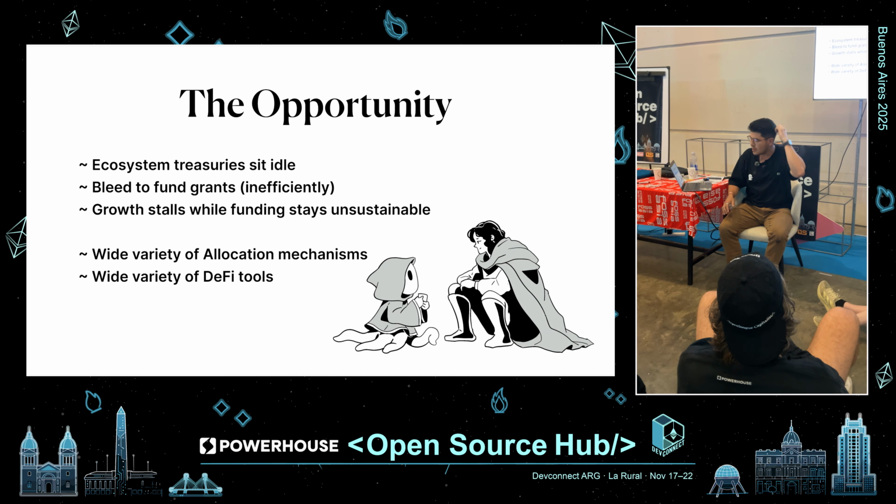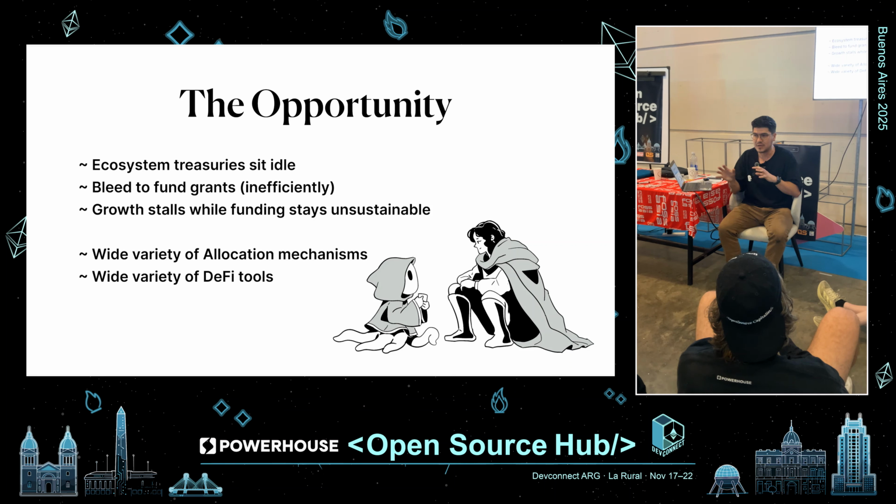So the opportunity that we saw is pretty similar to what happened to Golem Foundation. It had a treasury sitting idle, not generating any yield, and was bleeding from funding grants and not being very efficient. So that made growth stall while the funding was really unsustainable. It was going to die down eventually.